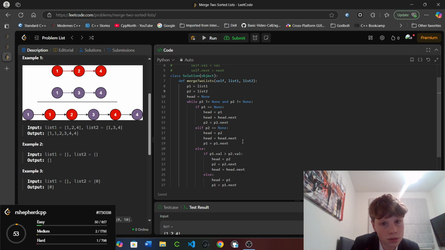Okay, and then what am I doing? I just don't know how the copy by default works. Okay, at least this is a start.